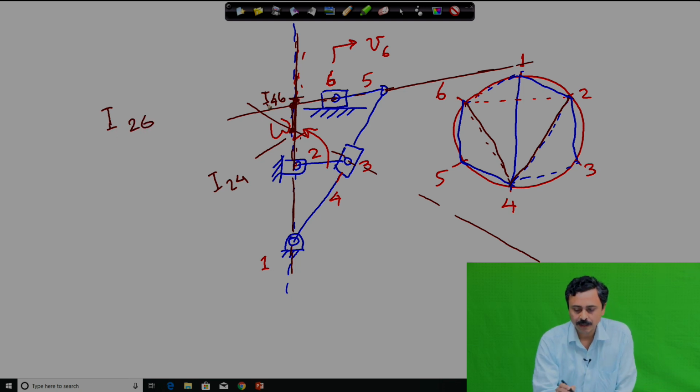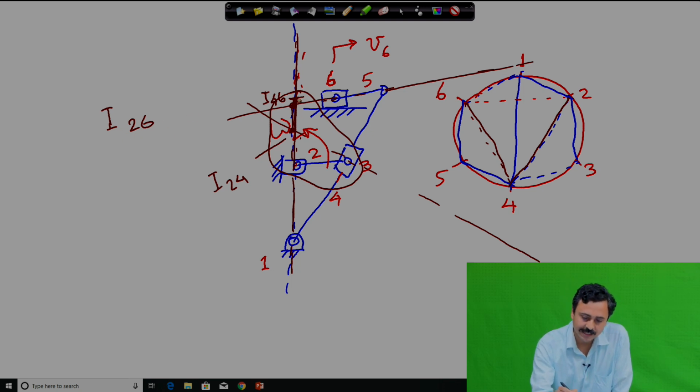then I know that the point on link 2 belonging to I 2 6 has the same velocity as the point on link 6 which has I 2 6.